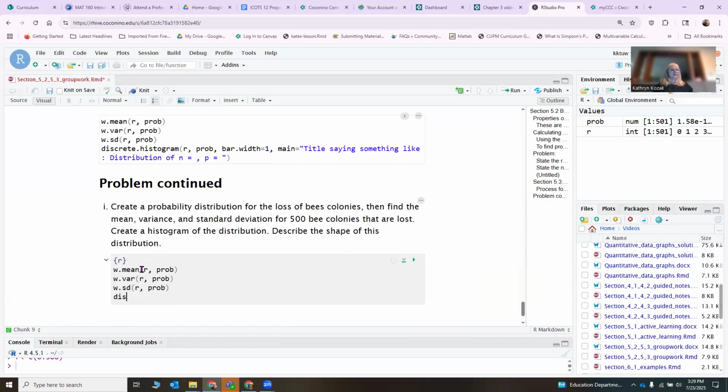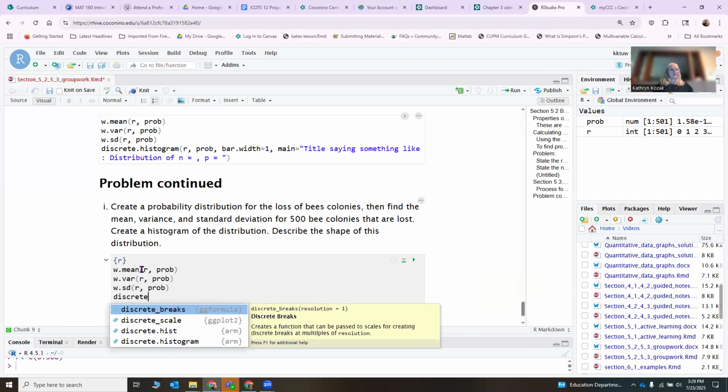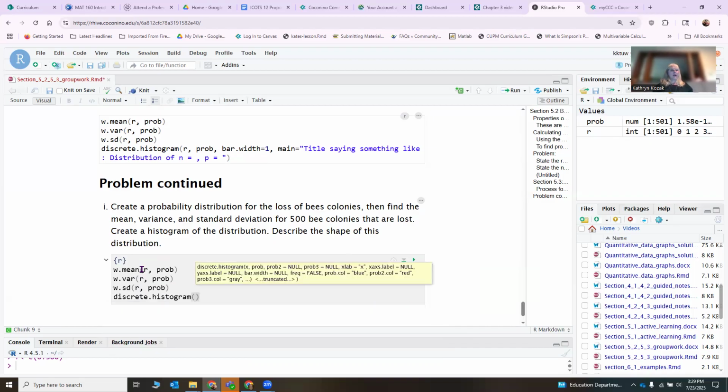I can do my discrete dot histogram of my R and prob. And again, that bar dot width is 1 is just so I can have the bars touch. And if you want a title, it's main instead of title. And then my title could be something like colonies collapsing or lost.